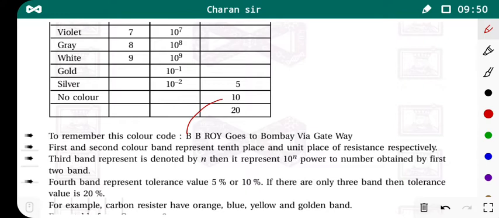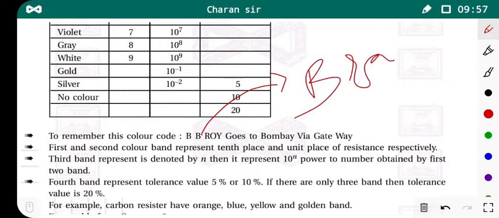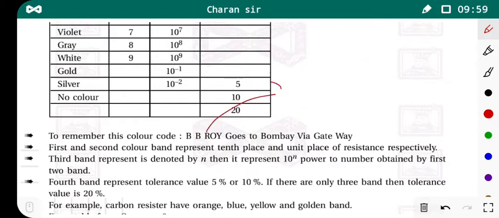The first B is black. The second B stands for brown. Third is R for red. Then O is orange, then Y is yellow. Now we have G, that is green. The small letters o, e, s do not give any color name. Then we have capital B, which is blue.